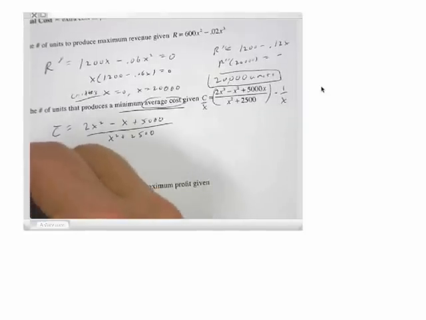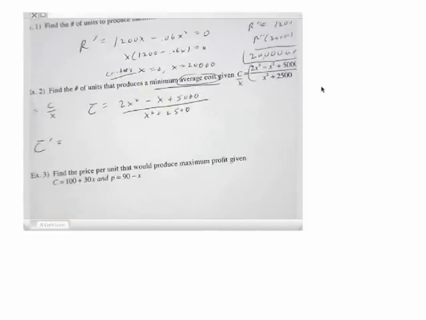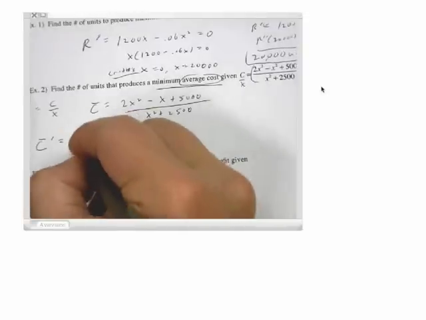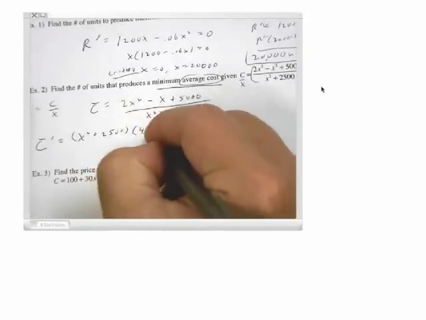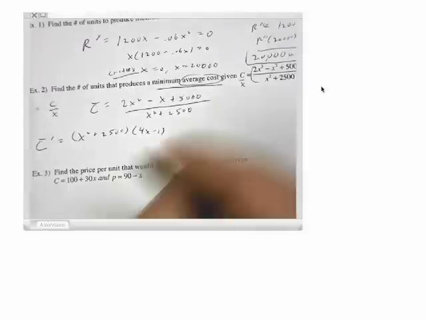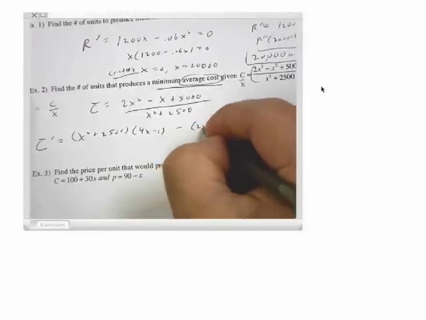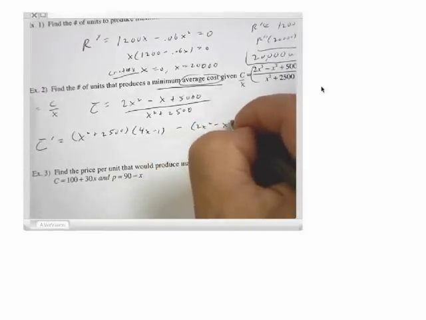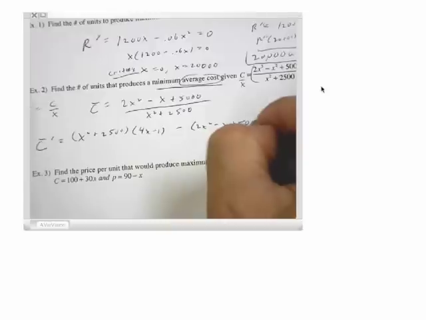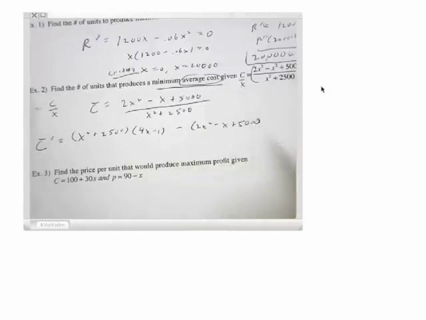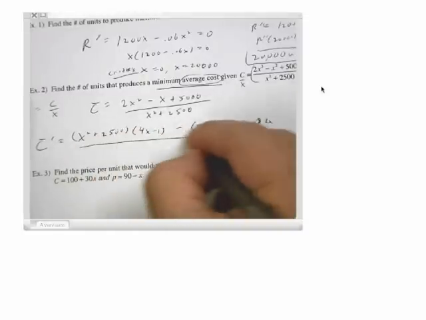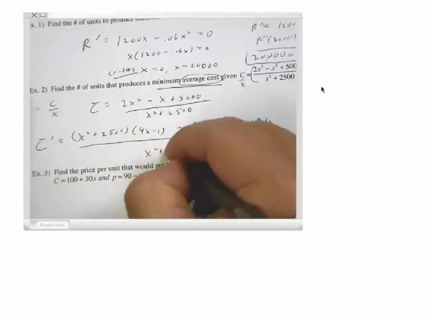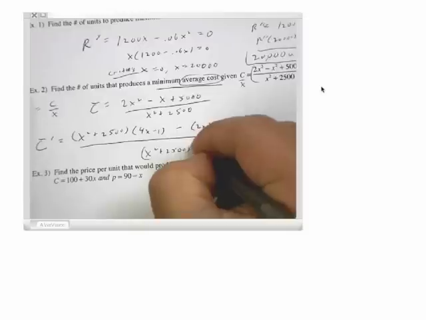Now, to minimize that, I'll find the derivative of the average cost equation. So low d high, which would be 4x minus 1, minus high, 5,000, d low, which would just be 2x, all over low squared.